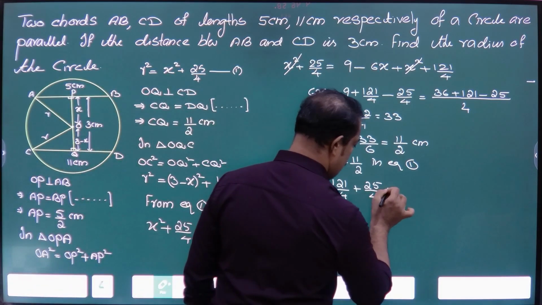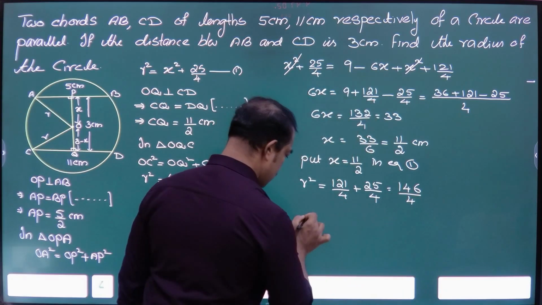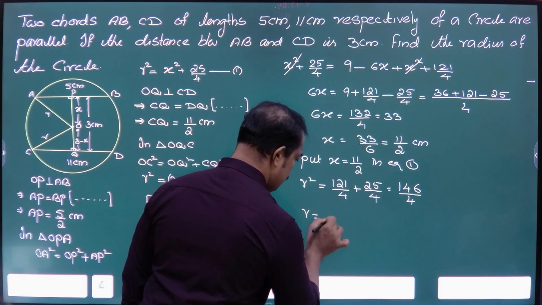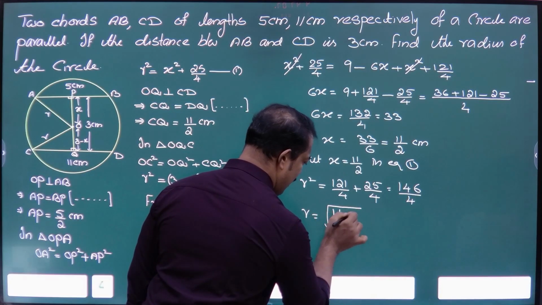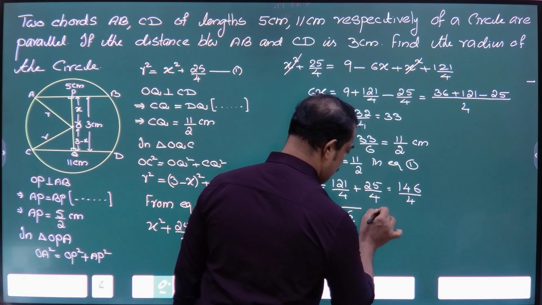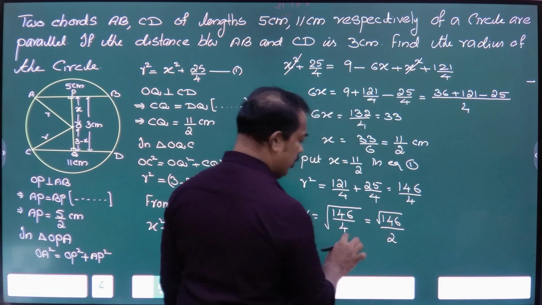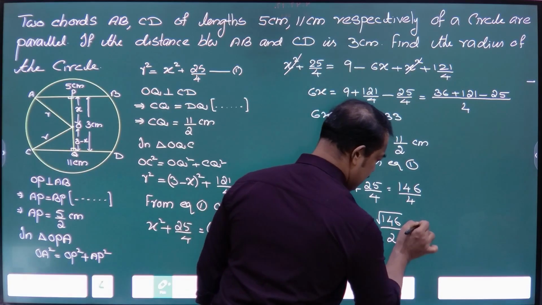So this is 146 divided by 4. So r is equal to square root of 146 divided by 4, that is equal to under root 146 divided by square root of 4, which is 2 centimeter.